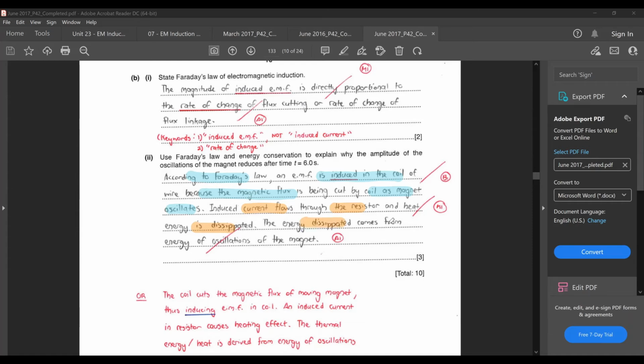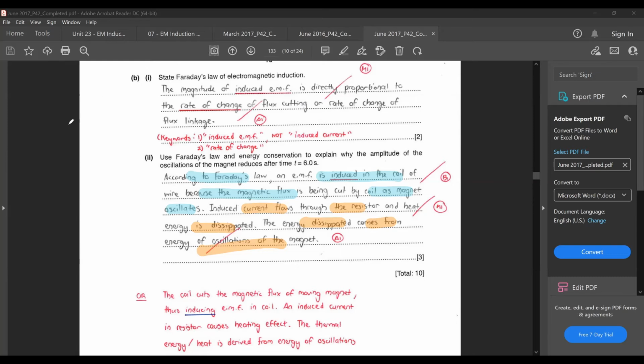The energy dissipated comes from the energy of oscillations of the magnet. This one is worth 3 marks, just like that.